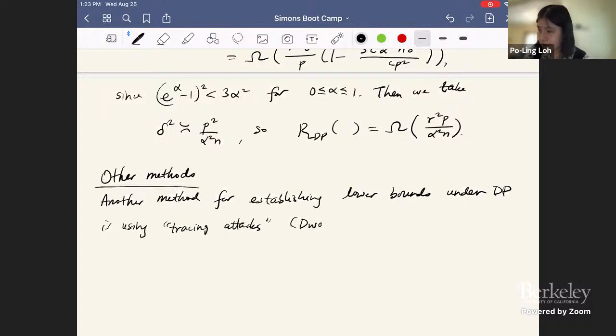And this is work that's been pioneered by Dwork et al. 2015.